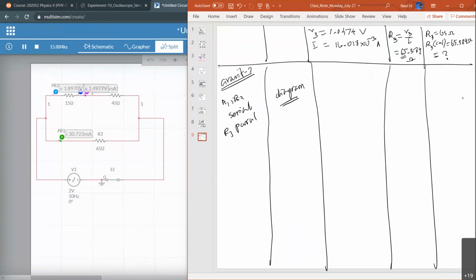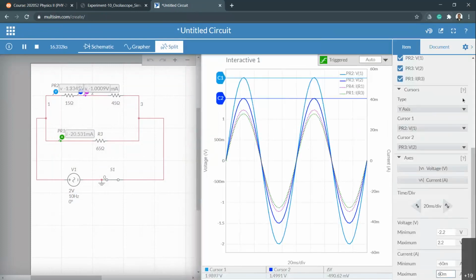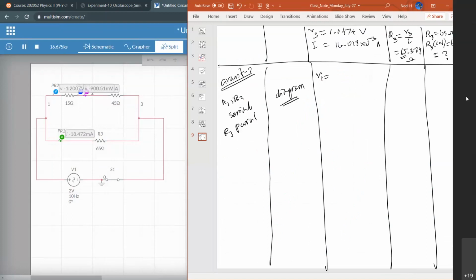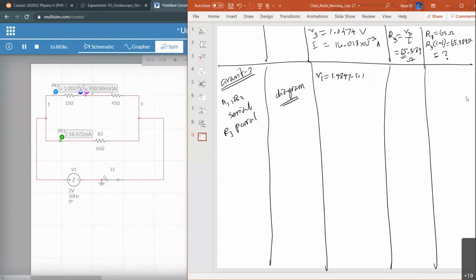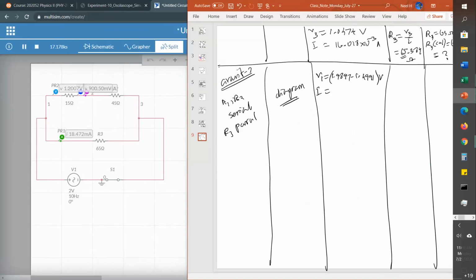Okay, now let's measure. Now I need to find V1. V1 is the voltage across these two, 1.9897 minus 1.4991. And then the current passing through that, you have to measure.